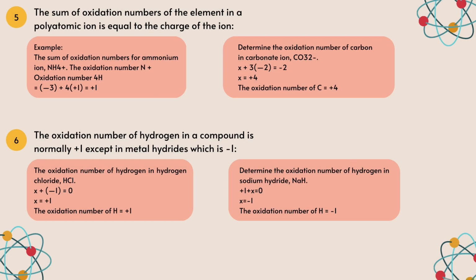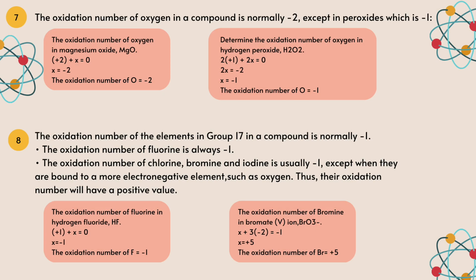Next, the sum of oxidation numbers of the elements in a polyatomic ion is equal to the charge of the ion, and the oxidation number of hydrogen in a compound is normally +1, except in metal hydrides, which is -1. In addition, the oxidation number of oxygen in a compound is normally -2, except in peroxide, which is -1.